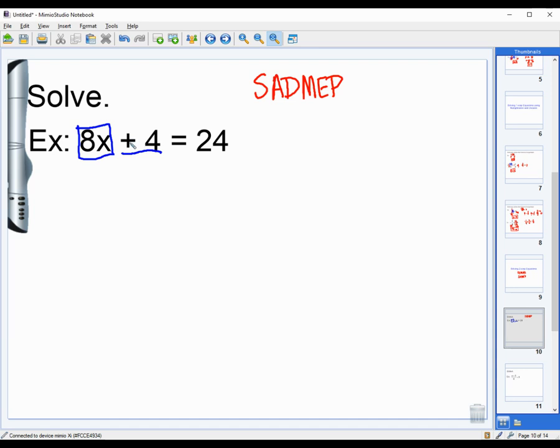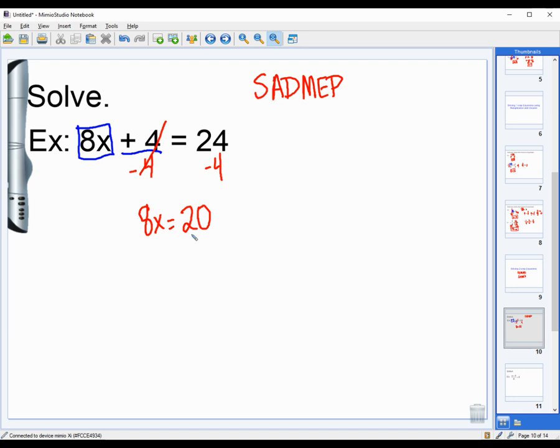Okay, so we have an addition here. We're going to have to do the opposite of addition, which would be subtraction. Okay, so we're going to go ahead, subtract 4 from both sides. That's going to get rid of our 4's there. We are going to be left with 8x is equal to 20.